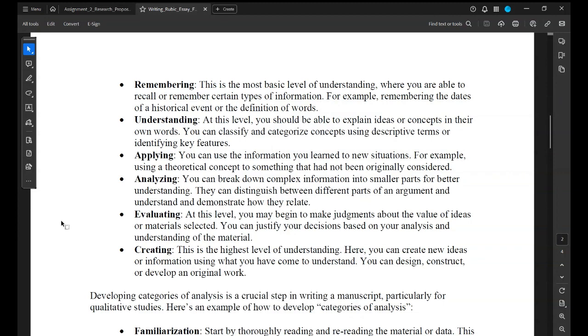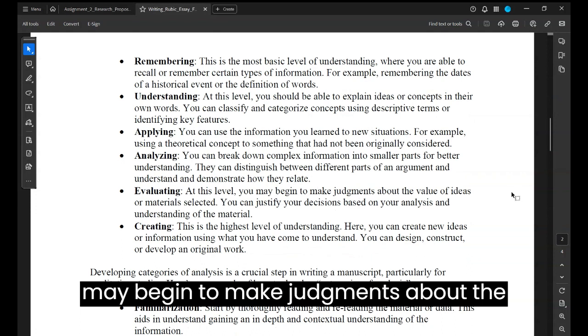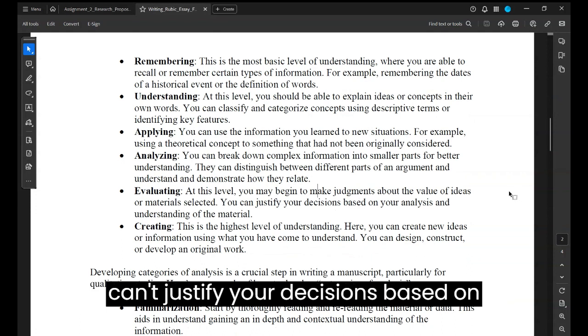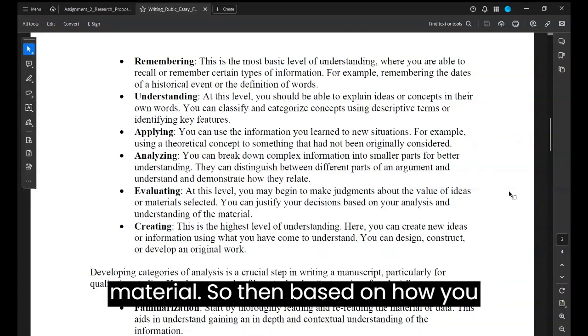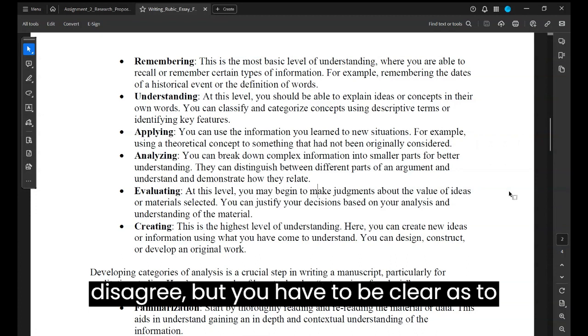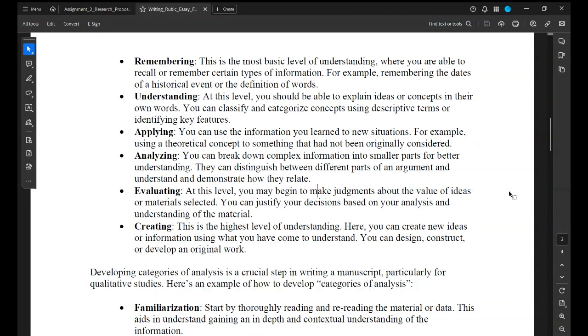Okay. And then evaluating. At this level, you may begin to make judgments about the value of ideas or material selected. You can justify your decisions based on your analysis and understanding of the material. So then, based on how you understand it, you could either agree or disagree, but you have to be clear as to why you decided on one or the other.